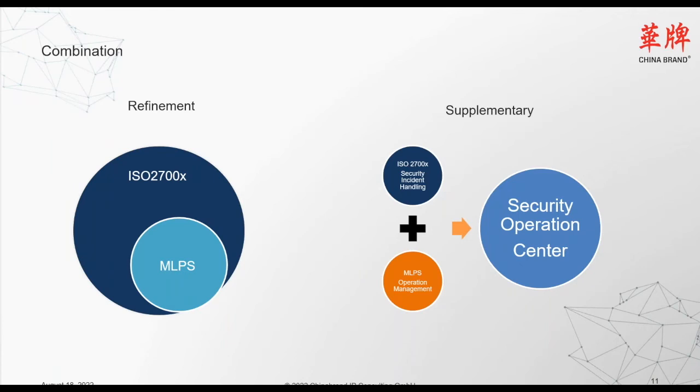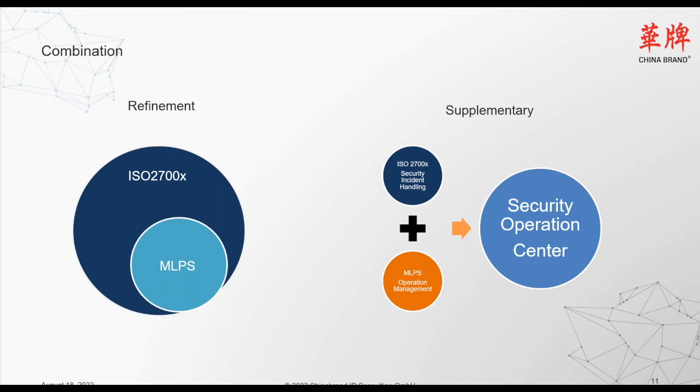So let's talk about how these two systems can be combined then. Of course, this has to be made on a factual basis. So there is no general solution to this. But there are parts where the MLPS can be used to refine the ISO 27000 ISMS system.